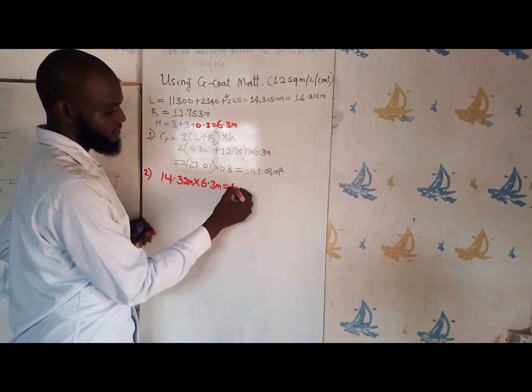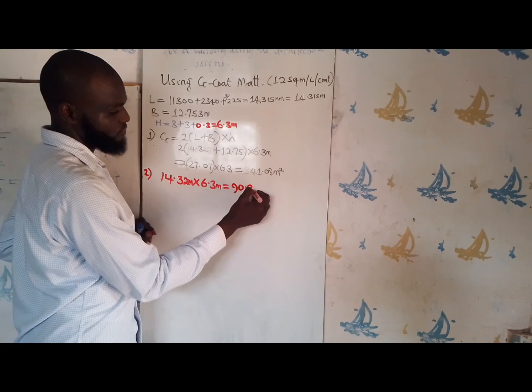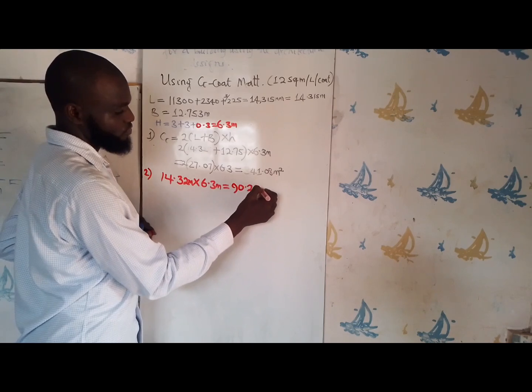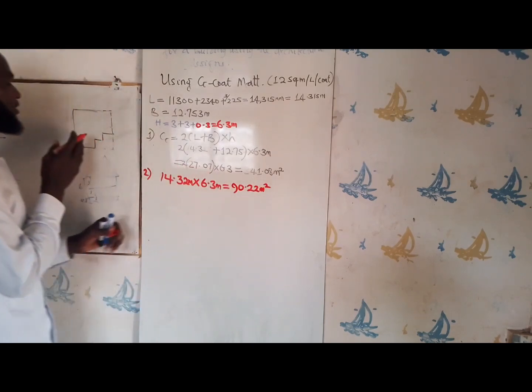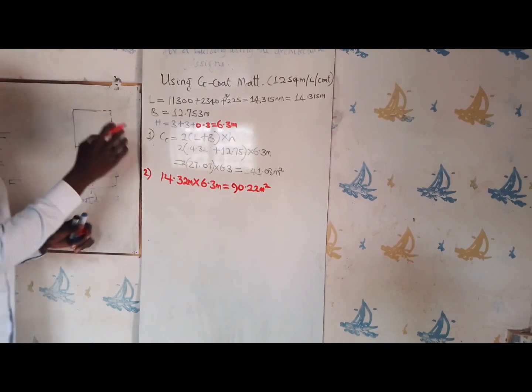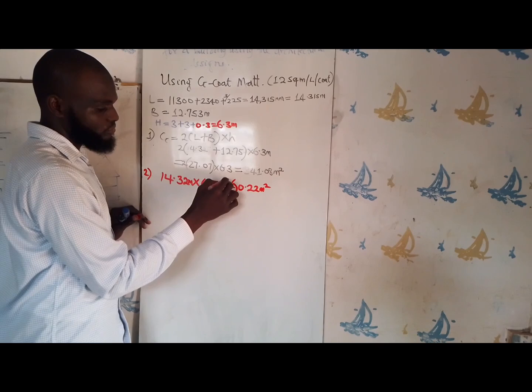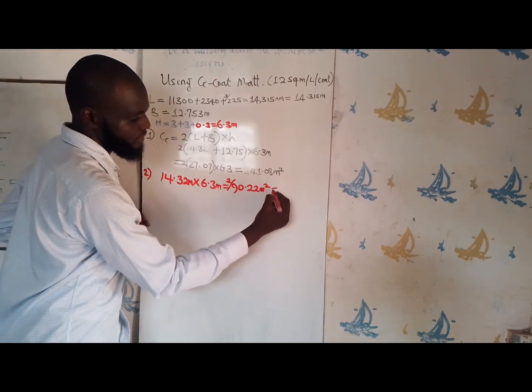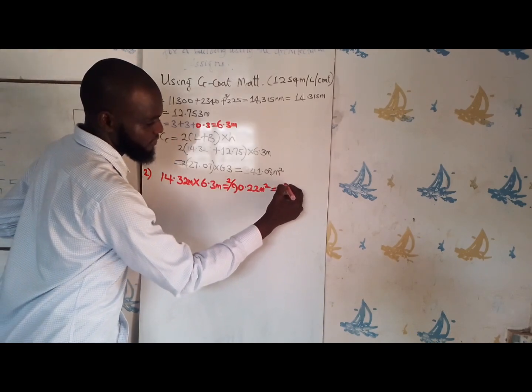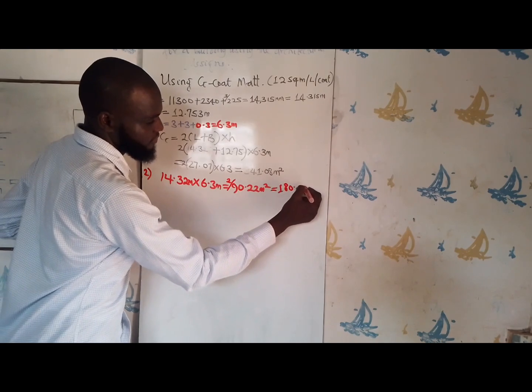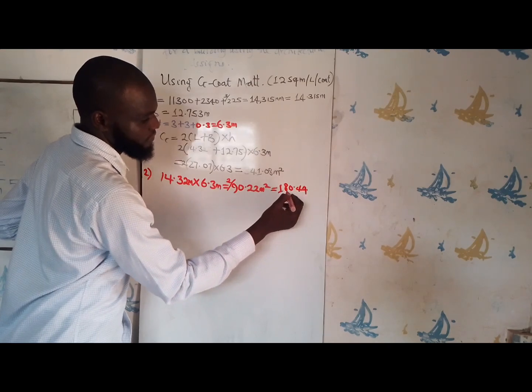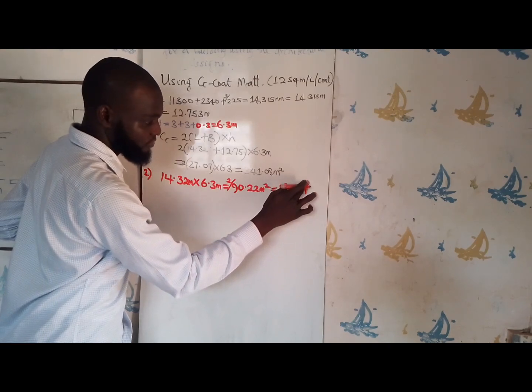So what do we get? Remember, the length has 2 sides, this side and this side, so let's multiply it by 2. What will that give us? 180.432.